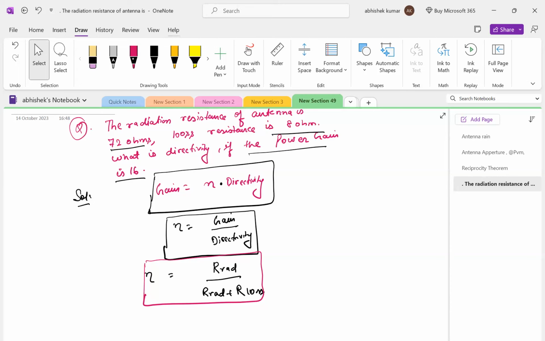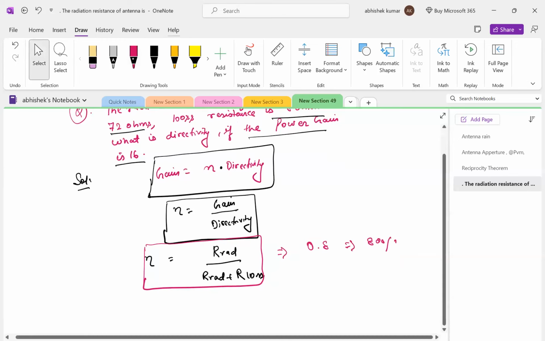How much did you calculate for efficiency? 17.78? No, efficiency is 0.8, right? 80%. But it says what is directivity? Okay, you are telling that directivity will be gain divided by efficiency. That will be 17.7. Okay, very good.